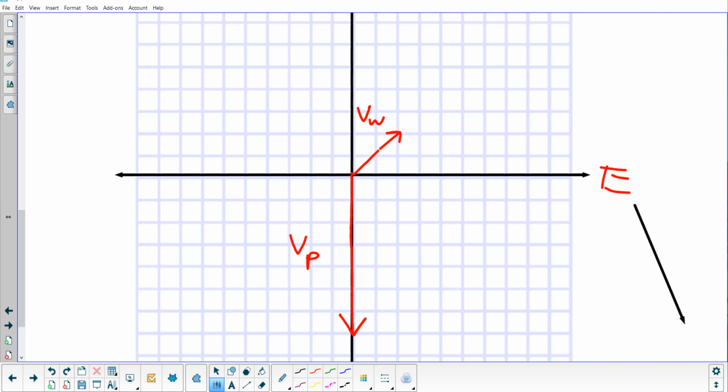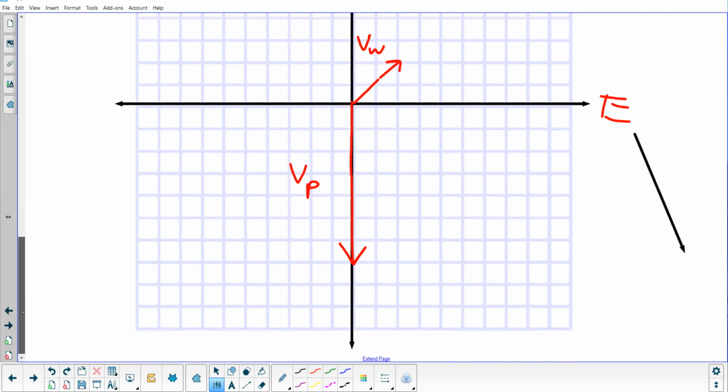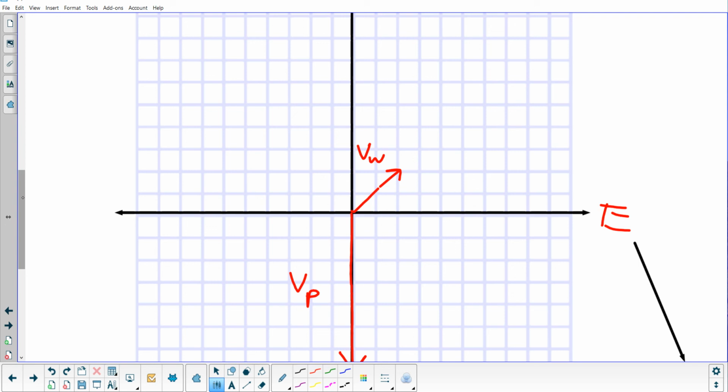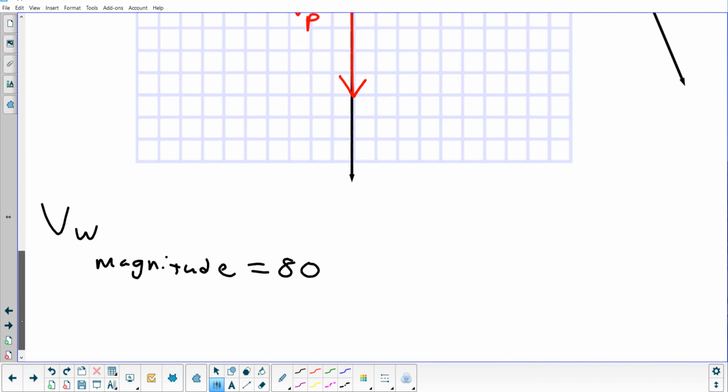All right, let's start with this one. So this is going to be the velocity vector for the wind. What's the magnitude of the wind? All right, so the magnitude is 80 miles per hour. And what would the angle be? The angle is always with the east-west line. 45. It's a 45-degree angle.